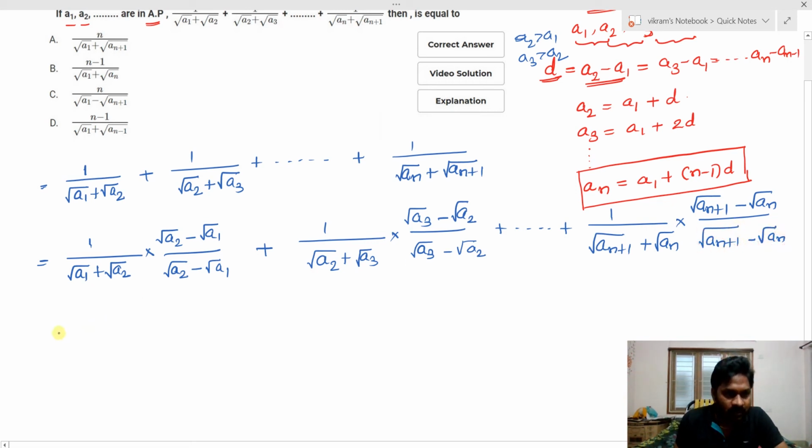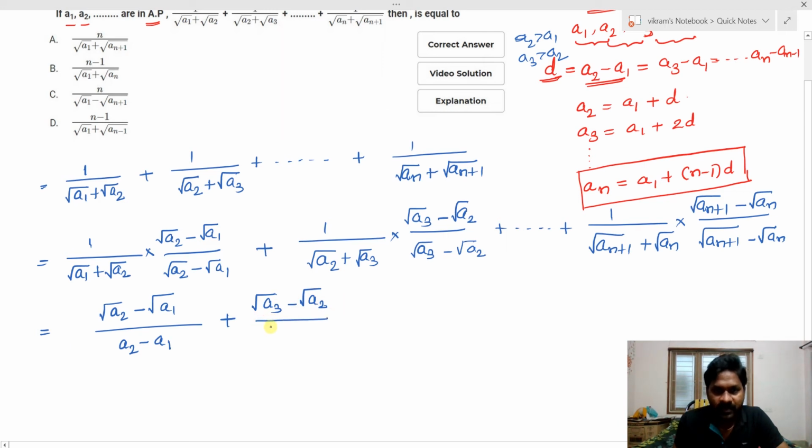Now on simplification, the first term is in the form of (a plus b) into (a minus b). So we get square root a2 minus square root a1 by a2 minus a1, plus square root a3 minus square root a2 by a3 minus a2, and so on.